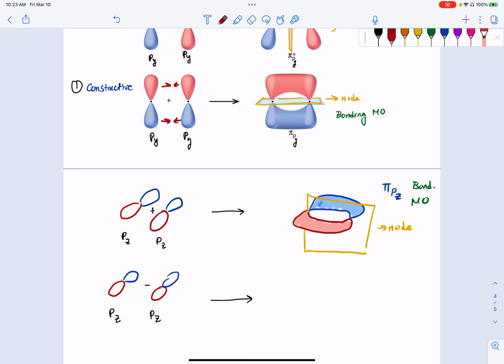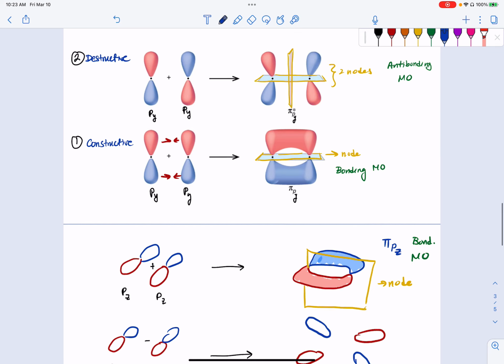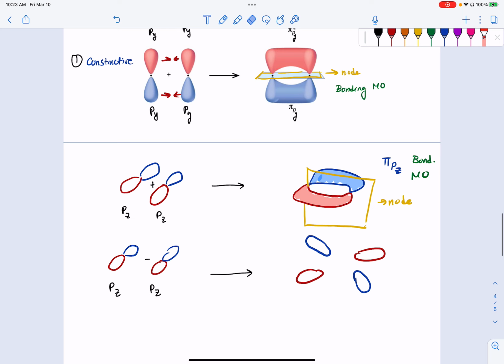So we would have something like this, now kind of oriented flat. These are a little far apart.